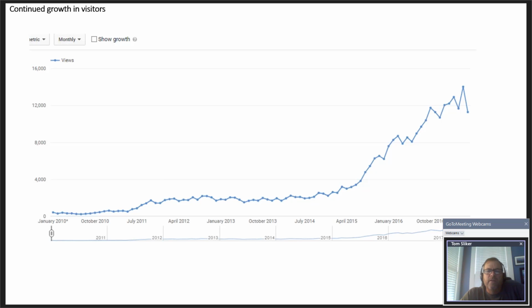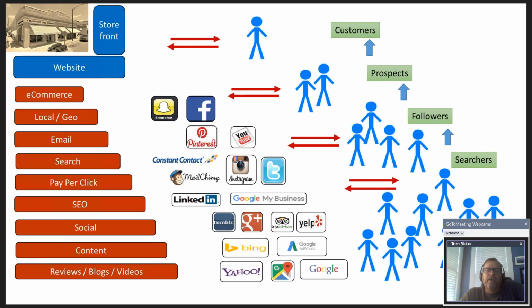And so in review, we have this process here where we're up here in the top left corner with our website and our storefront, and we got these people out there searching, and we talked in the last few weeks about how to use Google, how to use search engine optimization, all these other tools to try to be found by folks, to try to draw them in, maybe make them into followers.